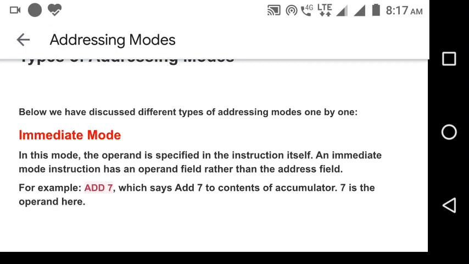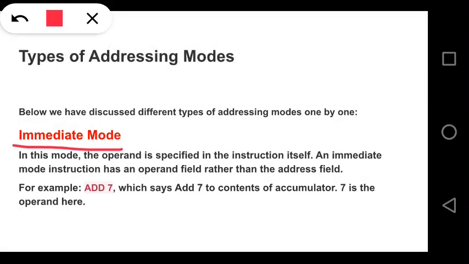And a simple example for such immediate mode is add 7.